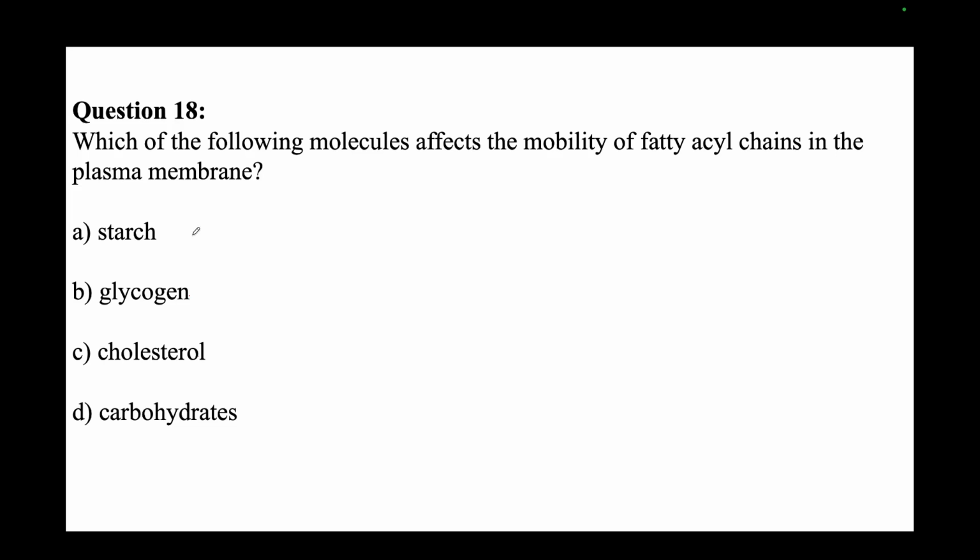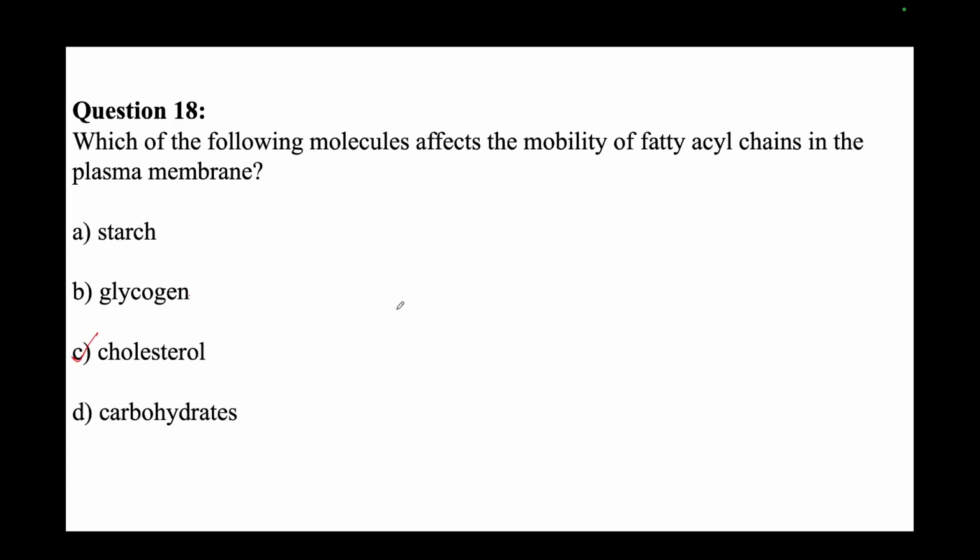Even at low temperature, the membrane is fluid because of which of the following molecules? I have told you this answer. What were we studying? Which structure we were studying? It is, yes, cholesterol, option C.